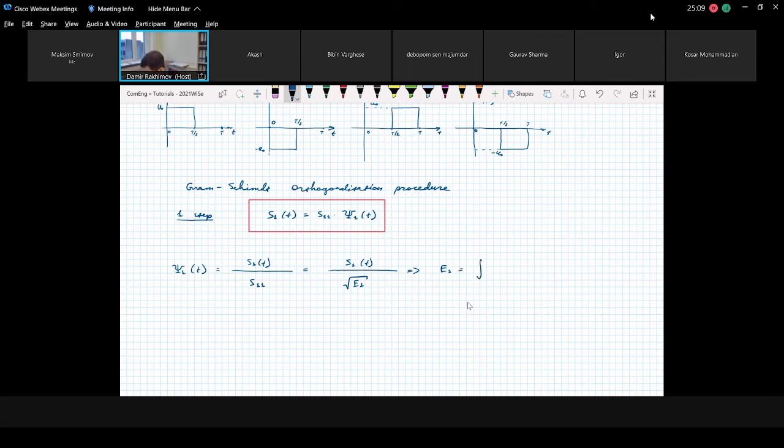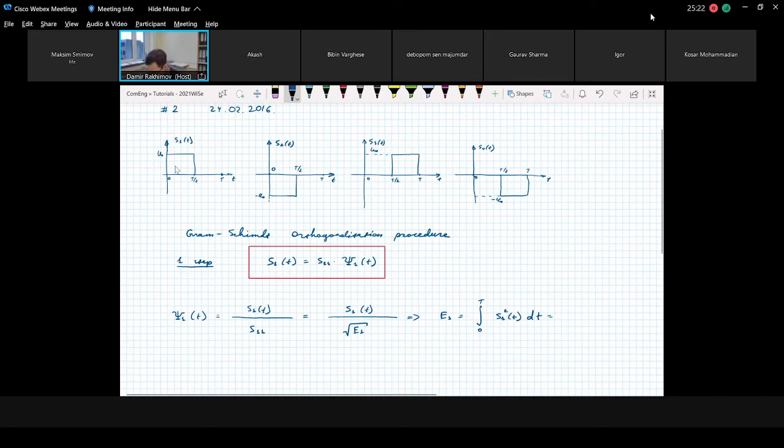Energy is the integral of the squared value of our signal over time. And for such a signal that we have above, you see that it has constant amplitude up to time T over 2. And energy will be equal to the area under the envelope. We have u0 squared times T over 2, the duration of our pulse. So this is the energy.